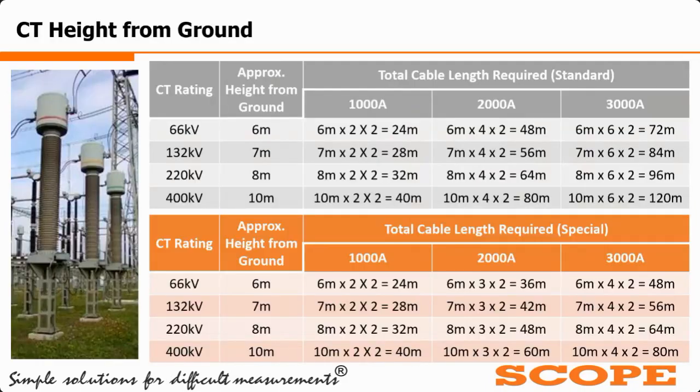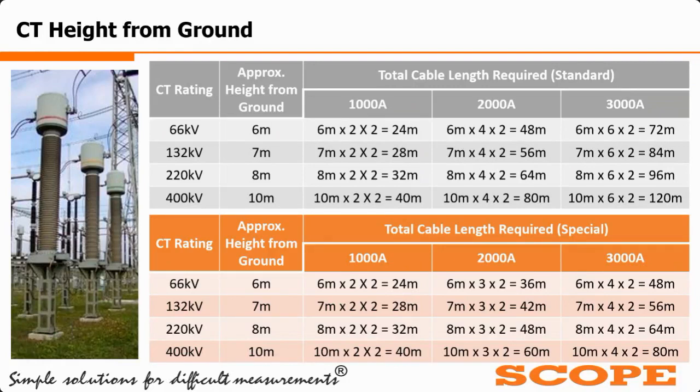Here I have listed out some CT heights from the ground. As per the CT rating used in the various substations, at 66 kV, the approximate height from the ground of the CT tank, that is the points P1 and P2, is approximately 6 meters, considering the structure.